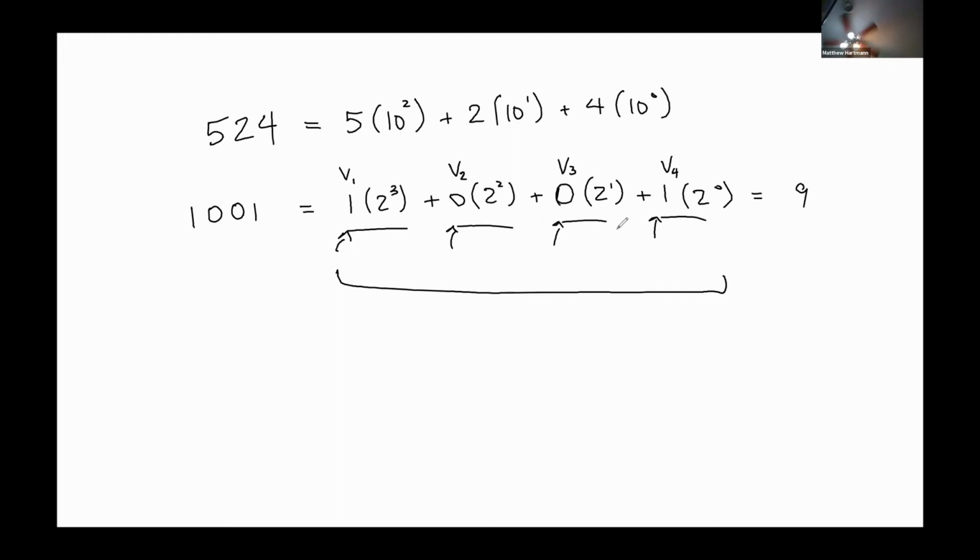So what type of operational amplifier circuit could be used to add different voltage signals together and also scale different portions of the voltage signal to different levels? The weighted summing amplifier. Exactly right.